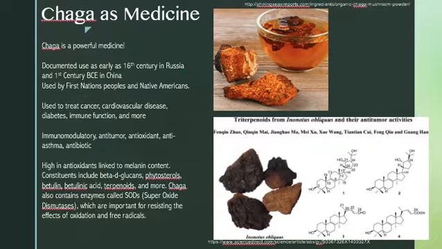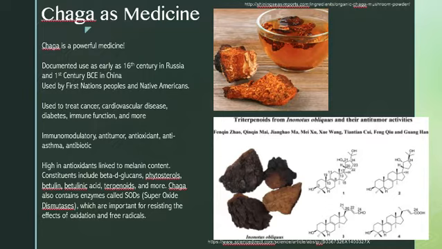So the reason I chose chaga was because it's a very potent medicinal fungus, which is one of my interests. Chaga is actually one of the top 3 most popular fungi for medicine. It's very sought after, and it was historically used in Europe and Asia.